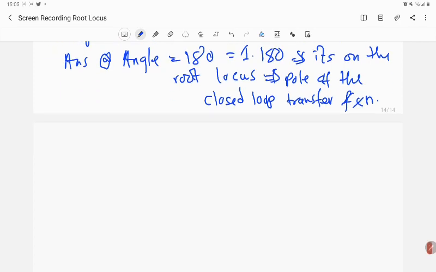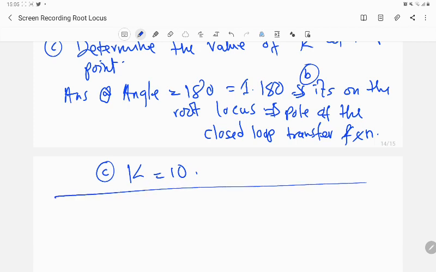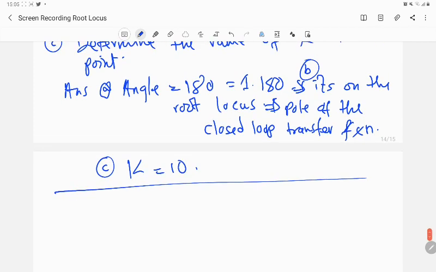So that is B, and then for C, the answer K will be equal to 10. So you can go and do that, and that will end this section of the lecture.